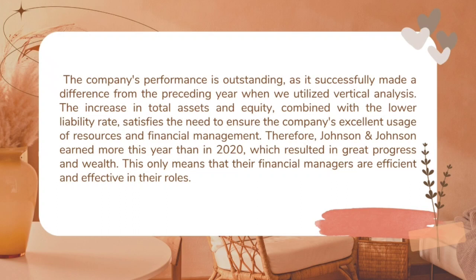Therefore, Johnson & Johnson earned more this year than in 2020, which resulted in great progress and wealth. This only means that their financial managers are efficient and effective in their roles. So that is how we interpret the vertical analysis after using it.